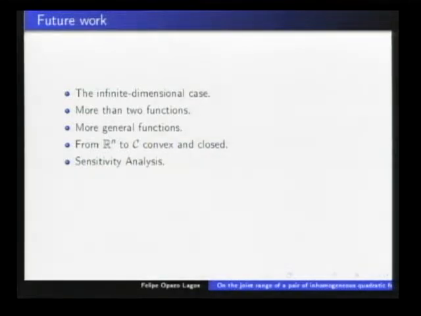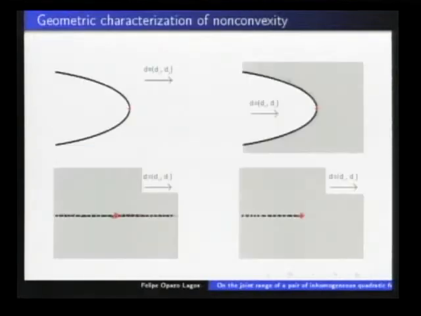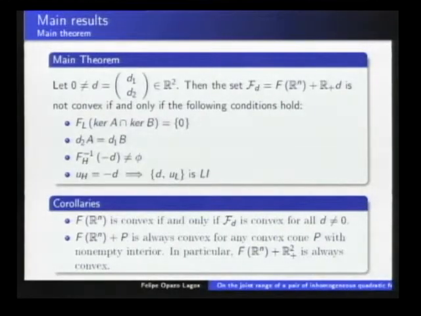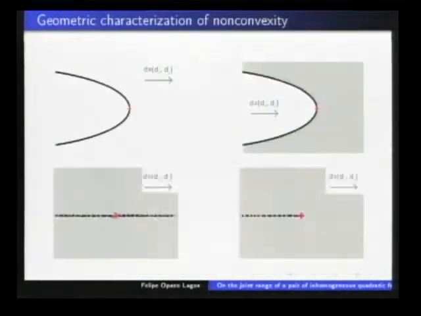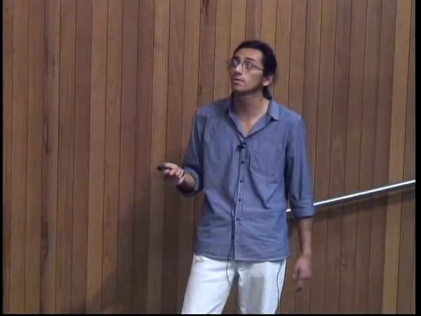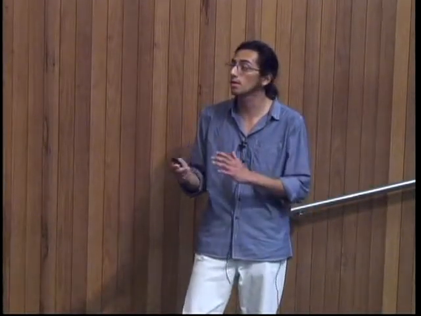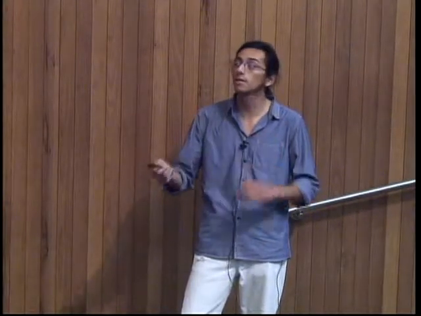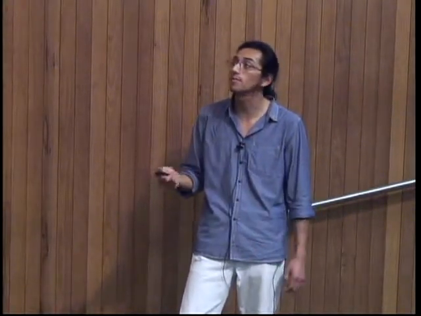So future work: the infinite dimensional case, not just the Euclidean space. We can mention that this property clearly needs to hold in the infinite dimensional setting. More than 2 functions. The case where we have 3 functions, the joint range of 3 quadratic functions, is a very tough one because there are so many geometric forms that the set can have, okay?